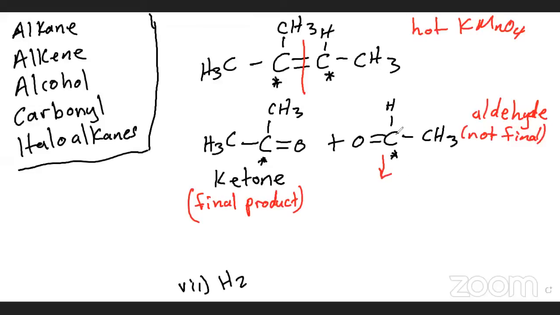All right. What is going to happen? It is going to be further oxidized to a carboxylic acid. All you're going to do is put an O where the H is. So the only difference between the aldehyde and the carboxylic acid is that instead of an H, we'll have OH. That's it. Now this is final.